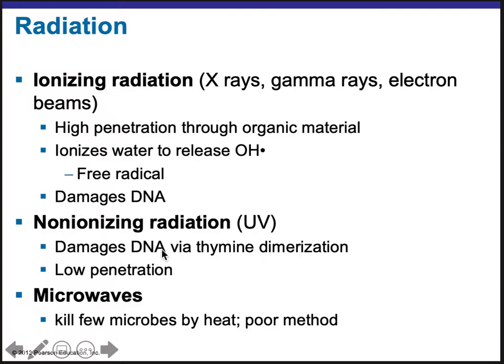So UV can damage DNA by causing, if you have two thymines next to each other in your DNA sequence, they can then bind together, and they shouldn't be binding together, right? The bonds shouldn't be between adjacent nitrogenous bases.